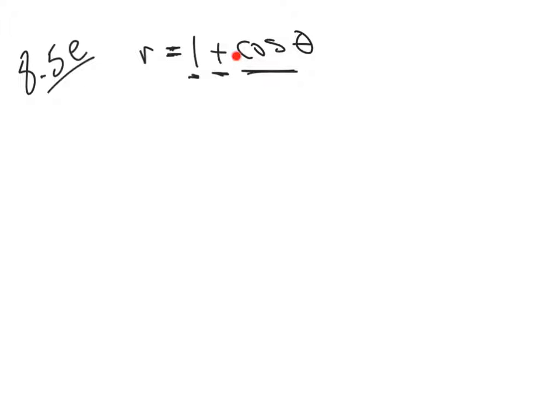If it is equal to 1, which it is, 1 over 1 is 1, it's going to look like that second one, kind of a sideways heart-shaped thing. That's what I'm expecting this one to look like.